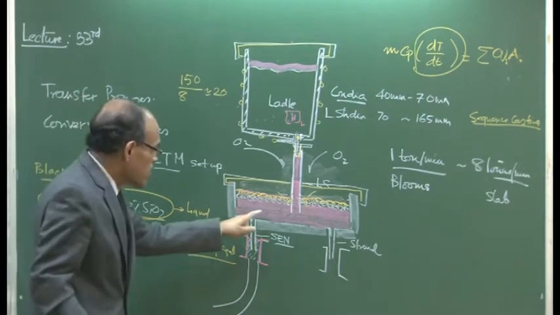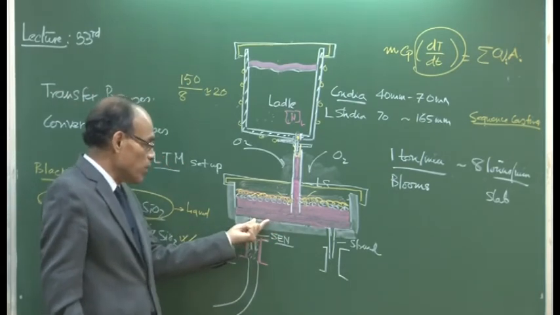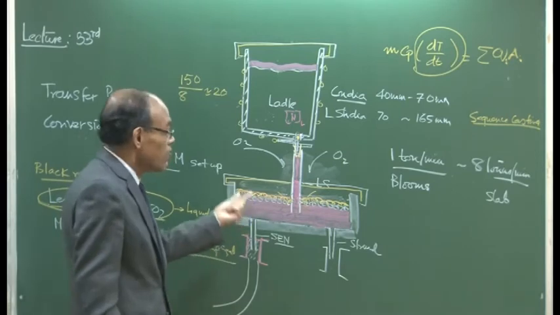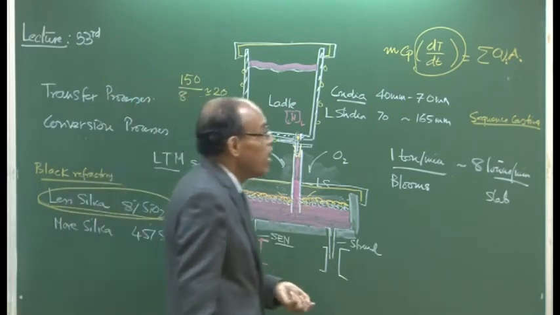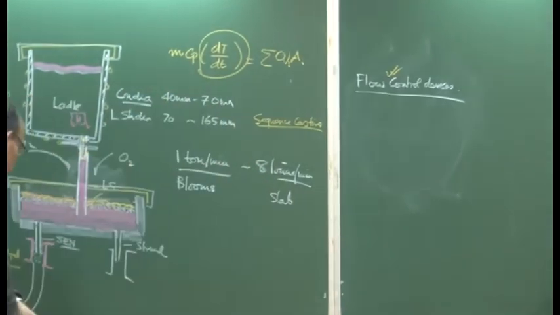Now this tundish, as I have shown here, possibly tells you that there is nothing inside, but there are tundish furnitures, and these are called flow control devices.